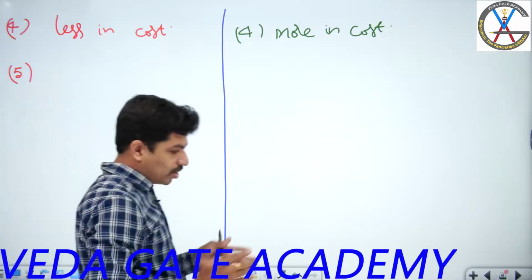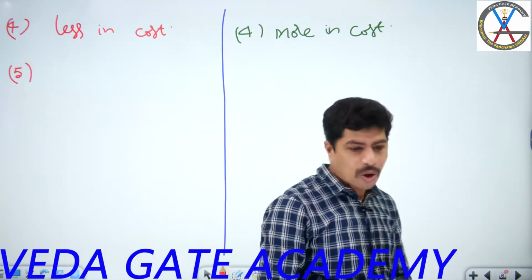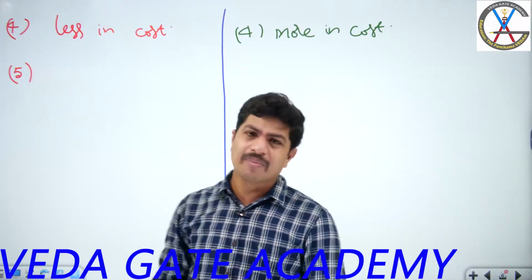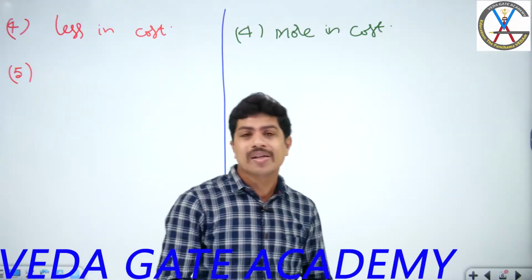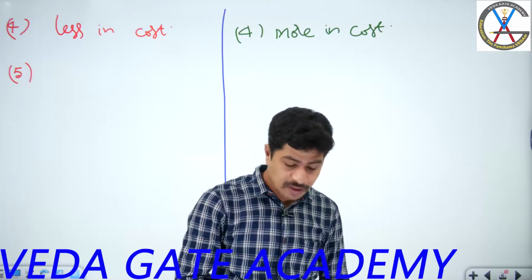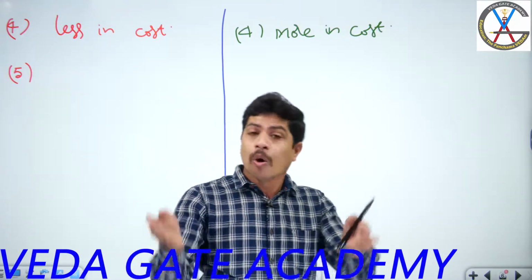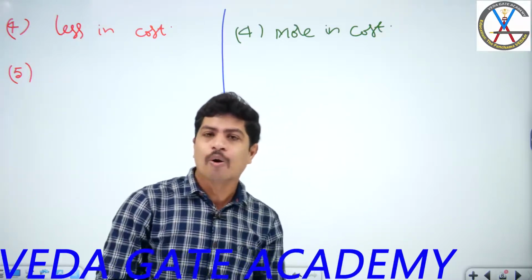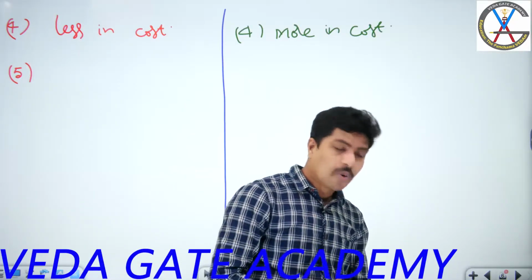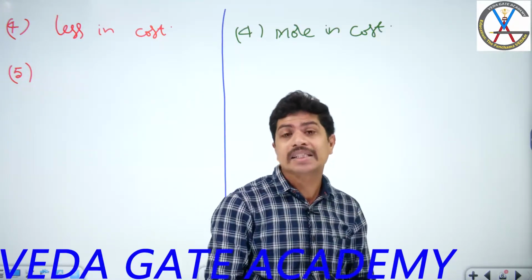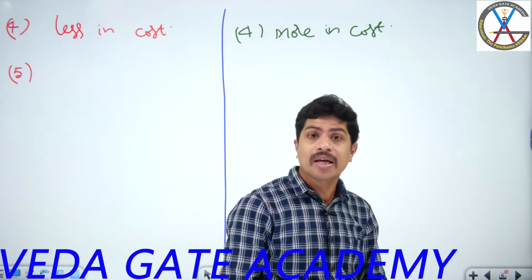Next point is about stability. As we don't know what a stable system is, it is not appropriate to speak about stability here, but let me give a few points whose explanation will be given later. If you take an open loop stable system, and you make it closed loop, there are chances that the system may become unstable.